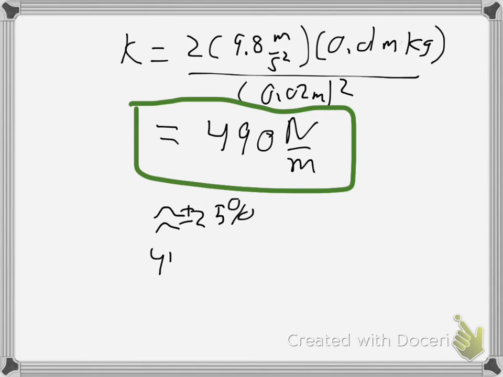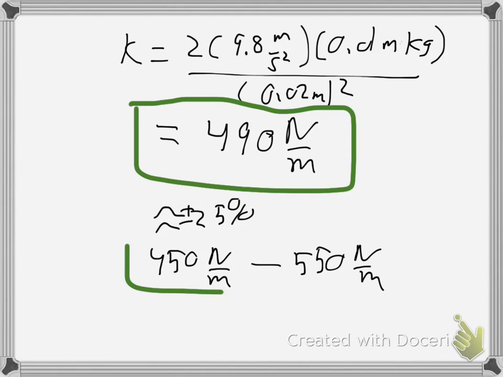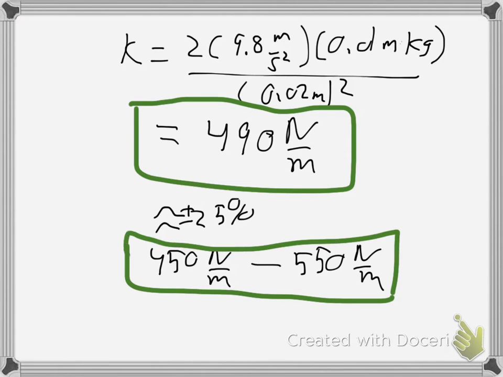So they would accept values between 450 and 550. So when you are making this, do not stress out so much about the exact number. What they're really looking for is the process here.